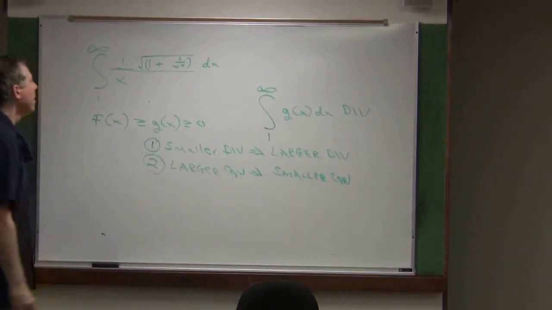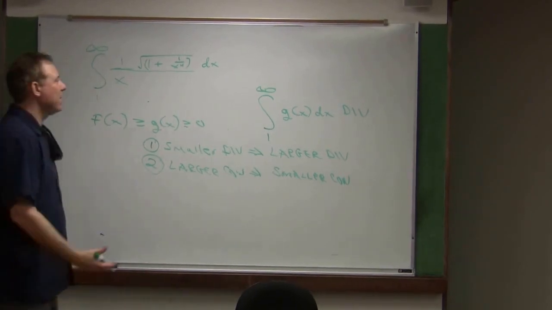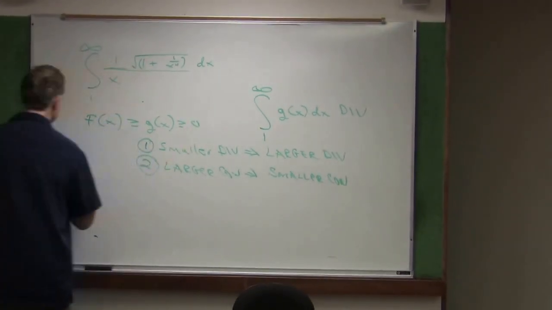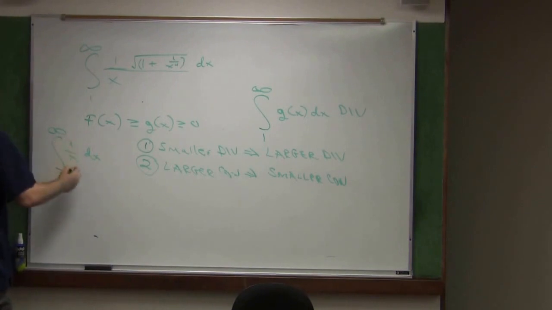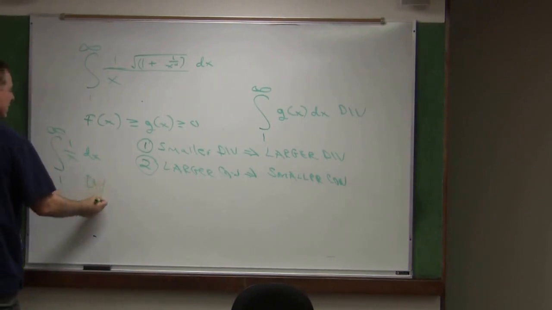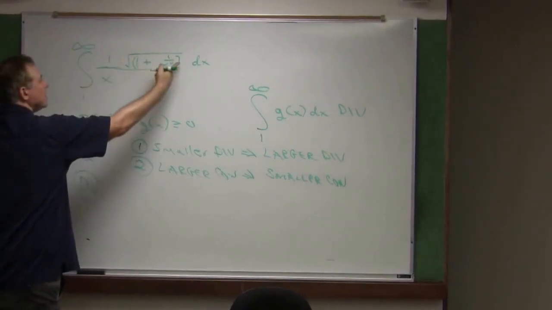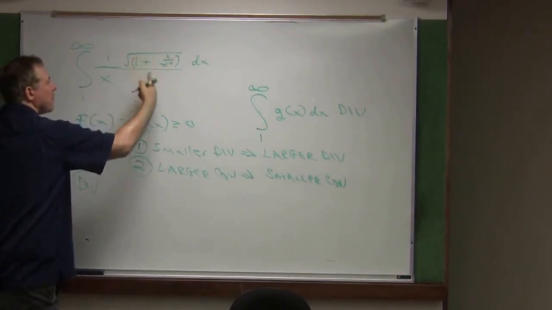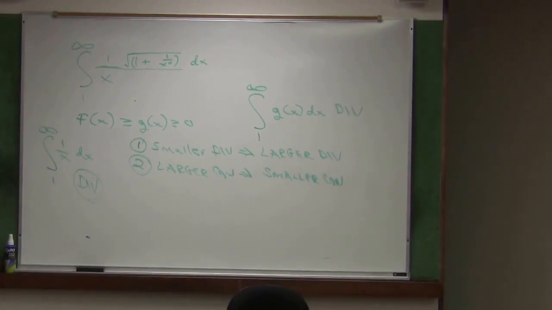Okay? So we know that 1 over x from 1 to infinity diverges. We know by the p-test that this diverges. Well, isn't this slightly bigger than 1 over x?